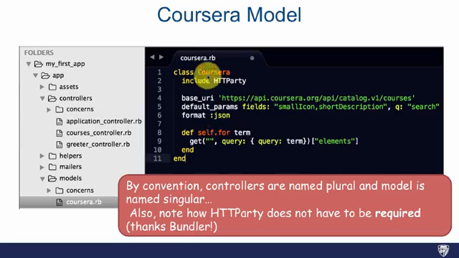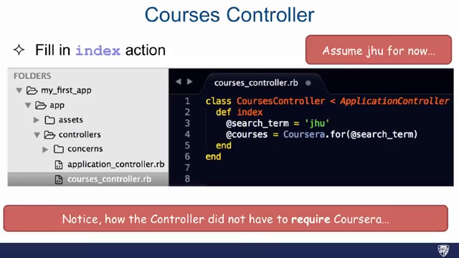Okay, so this you guys have seen before. It's just pulling the courses out of Coursera Web Services. Now back to the controller. In the index action, we're going to have a search term, which for now we're just going to assume is JHU. And then we're going to pass that search term as a parameter into a for class method.